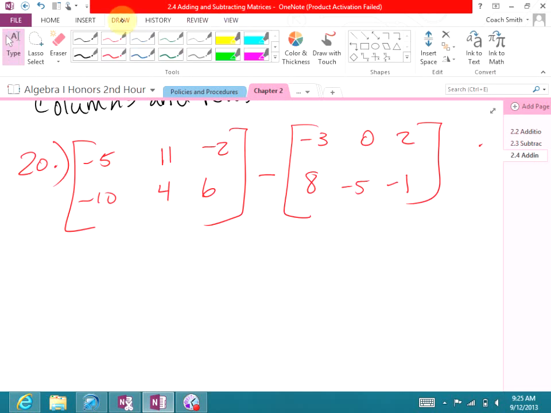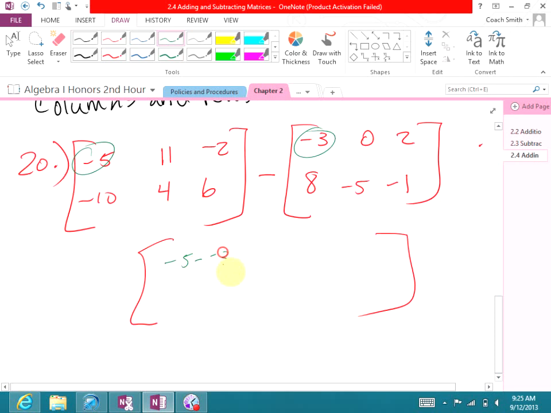All right, here's what our new matrix is going to look like. I'm going to go -5 minus -3. Then -10 minus 8.